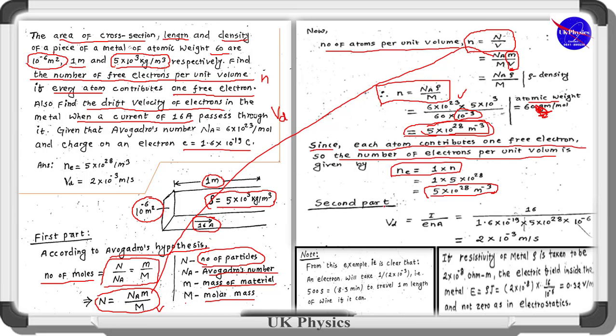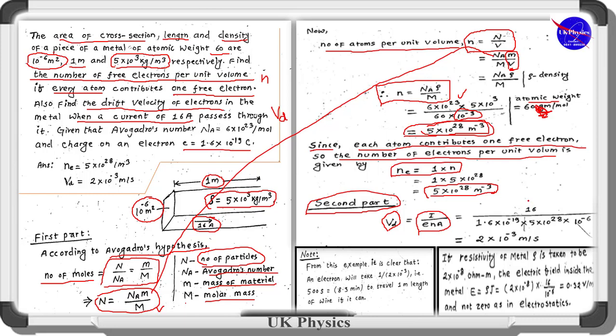right? This is the electron density, and in the next part we have to find out the drift velocity. The expression for drift velocity is this one, which is the famous expression for drift velocity.